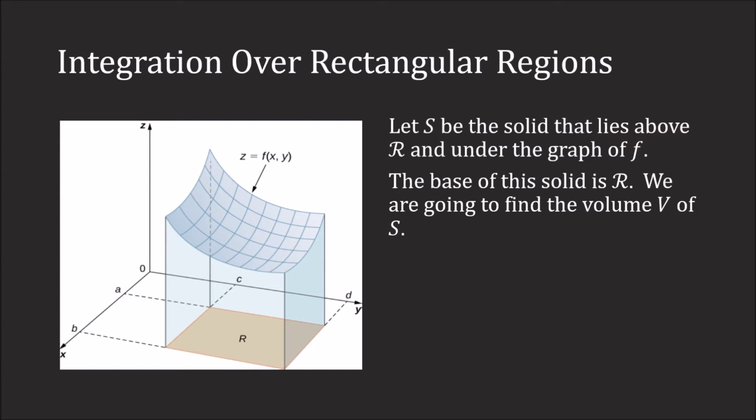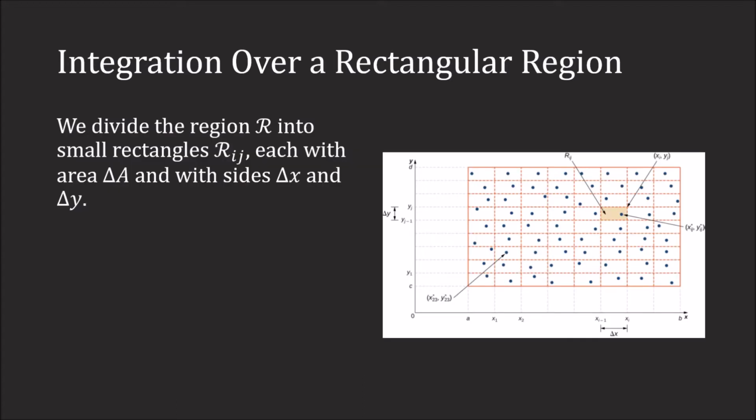To do this, we divide R into small rectangles, R sub ij, each with area delta A and with sides delta x and delta y, as we did here. So this was our rectangular region here, and we just divided it into subrectangles. Each one is R sub ij.